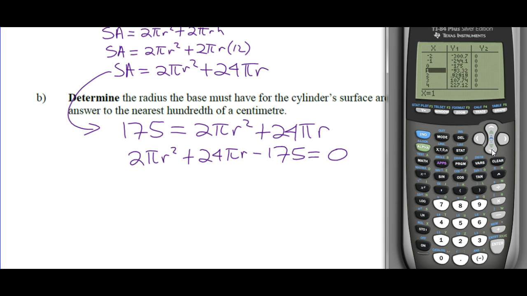And it looks like it's going to be in here somewhere, pretty close to 2, because that's 0.929, and there's negative 93. And 0 will be somewhere in between that. And otherwise, the numbers just get bigger, bigger, bigger, bigger. So I don't need to go that far out. Okay, so we're looking somewhere between 1 and 2.